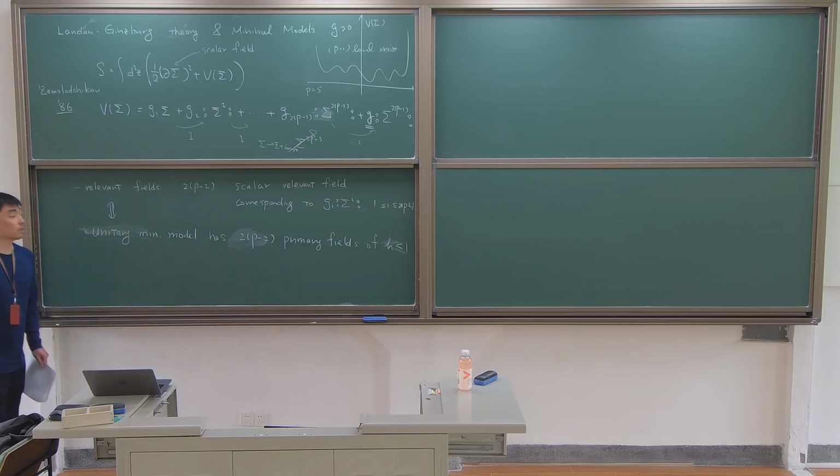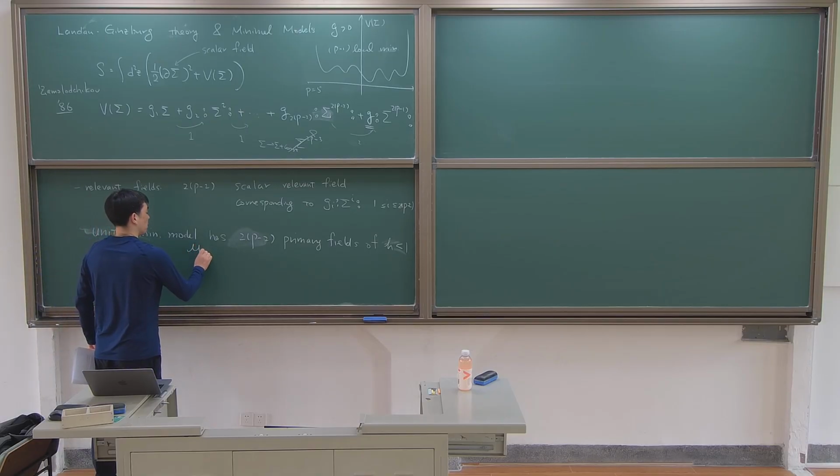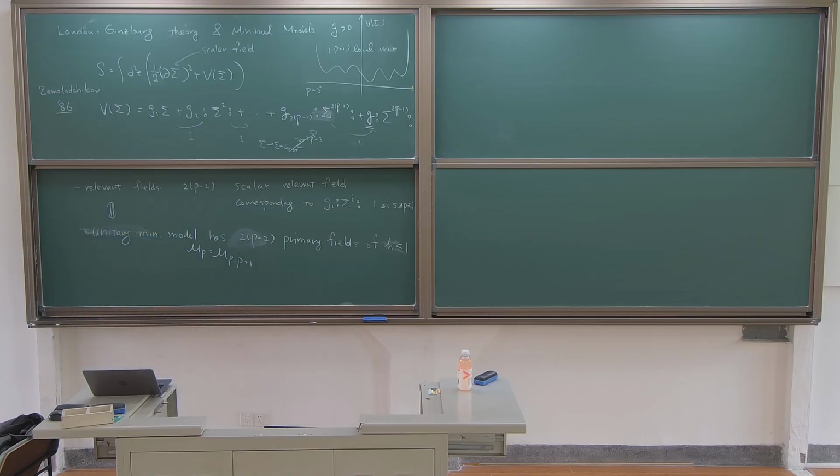So there's a correspondence between these, and this is the minimal model M_p, which is M_{p, p+1}.